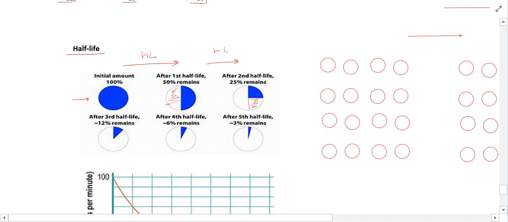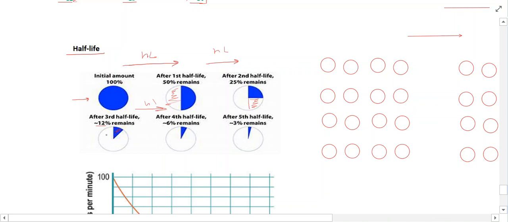After one half-life, 50% is broken down and 50% is remaining. Then after another half-life, of that half that's still remaining, half of it has broken down and half of it is remaining, which is a quarter. And then if you take this quarter that's remaining and look at it after another half-life, you will have about 12% of that remaining.